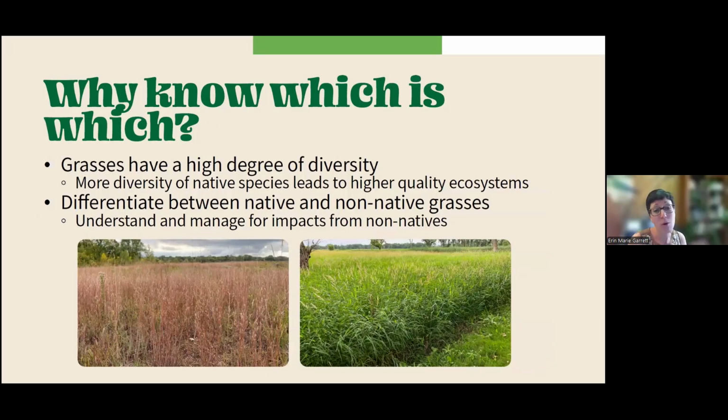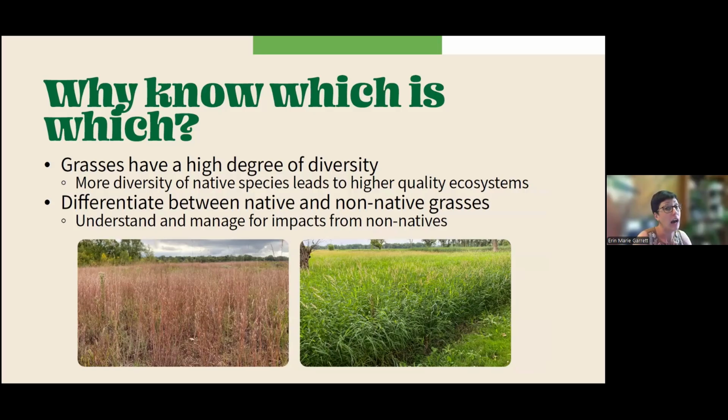Okay, so hopefully you're here at this webinar series because you want to know which grass is which and tell the difference between them. But sometimes we come back to the question: why does it really matter? A grass is a grass, right? But just like any other group of plants, there's a lot of grasses out there. They have a high degree of diversity in our ecosystems.